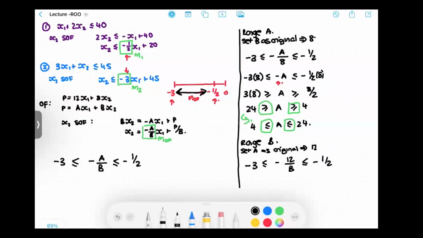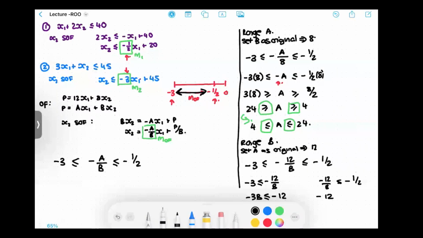And again, I'm just going to follow the long way because I'm more comfortable with the long way. You don't have to think as much. So let's go through it like that, where we separate them into two equations. So minus 3 less than equal to minus 12 over B and minus 12 over B less than equal to minus a half. We multiply through by B, minus 3B less than equal to minus 12.